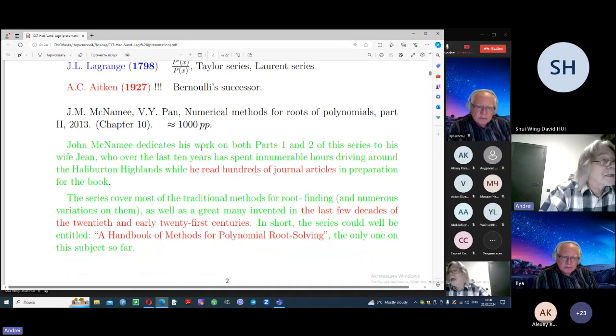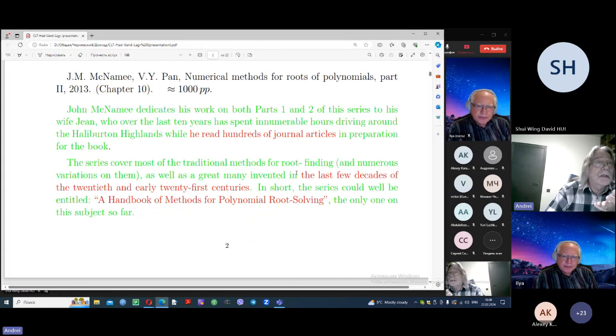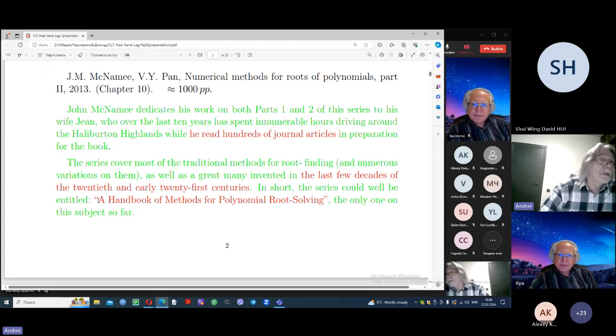And Jim McNamee, in his preface to the book, thanks his wife, and at the same time he tells us that he read hundreds of journal articles in preparation of this book, and this book covers the last few decades of the 20th and early 21st century, and he thinks that this book could be well entitled as a handbook of methods for polynomial root solving.